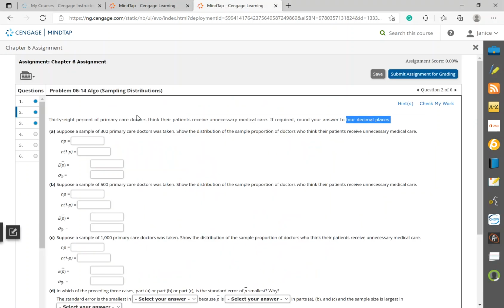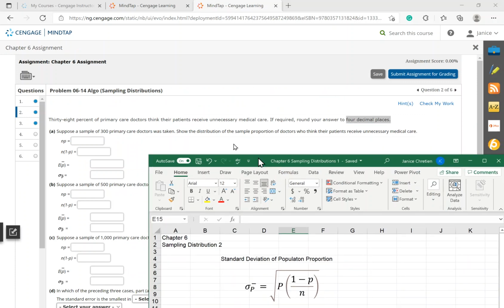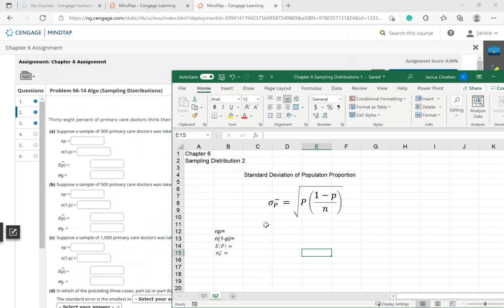And so they're telling us, suppose that we have a sample of 300 doctors. So for 300 doctors, what is my sample proportion?